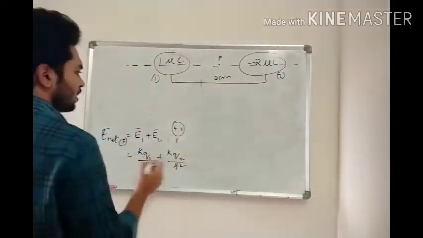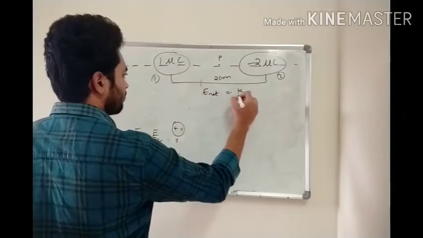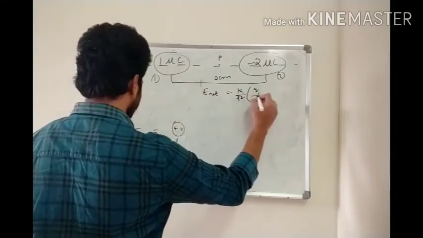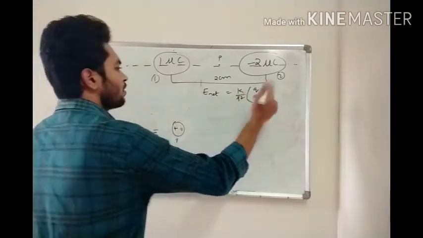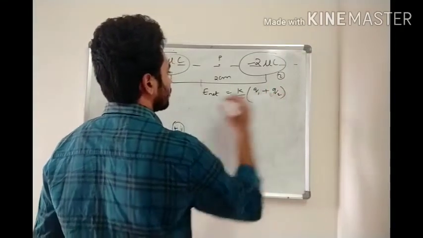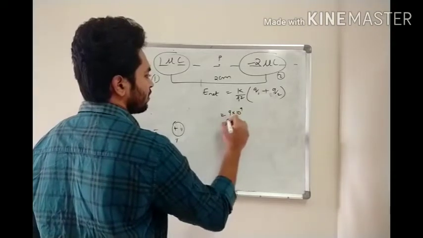So I am going to take E net is equal to K by R square, I am going to take it as common. So what is left? Q1 plus Q2, K is 9 into 10 power 9 by R square.